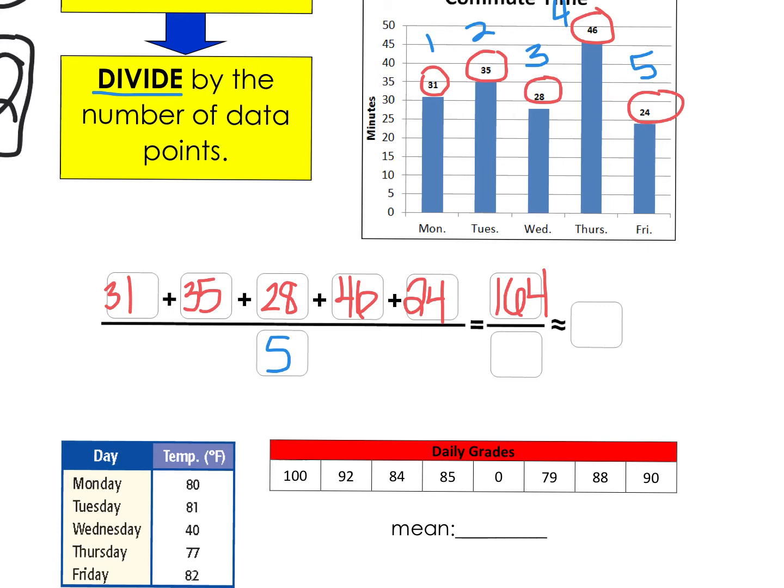So I would take 164, divide that number by 5, and go ahead and plug it in. So in your calculator, you would plug in 164, then you would hit divide 5, and our mean is 32.8, or 32 8/10. Pretty simple.